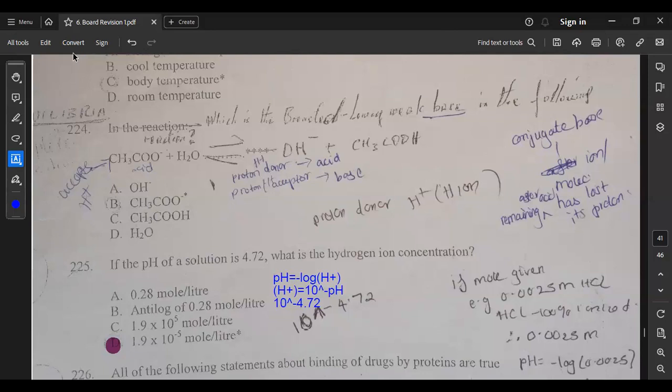You had said for Arrhenius, please repeat. Arrhenius acid gives the hydrogen ions, protons, H plus, and for the base, it will give the OH ions.